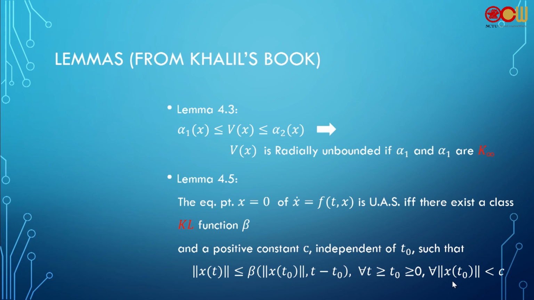Now lemma 4.5 says a nonlinear non-autonomous system is said to be uniformly asymptotically stable if there exists a KL function beta that upper bounds the norm of the states. Then we say it's uniformly asymptotically stable because it converges to 0, right?